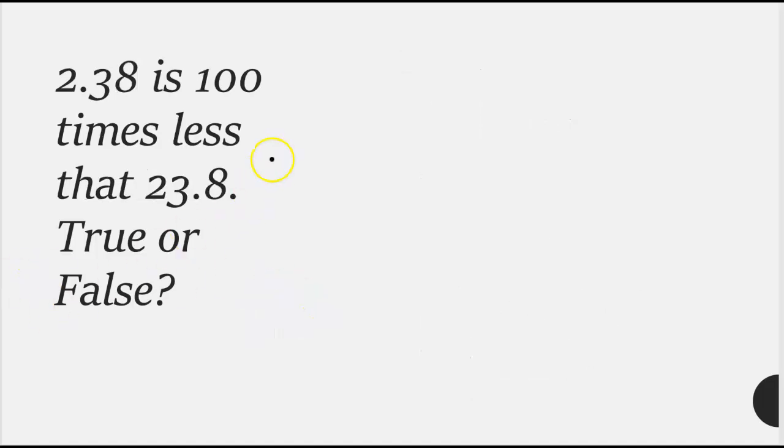Let's look at number 6. 2 3/800 is 100 times less than, this is supposed to say than, 23 8/10. True or false? So once again, what is the exponential form of 100? It's 10 to the second power.